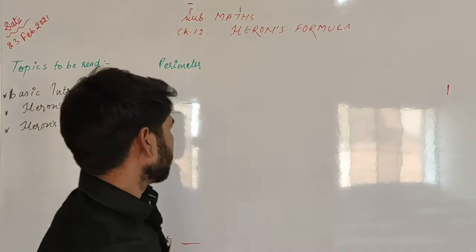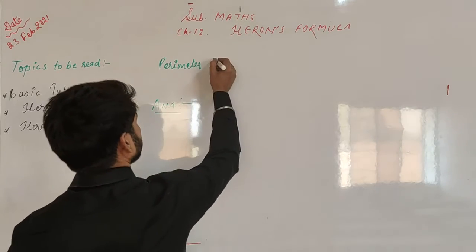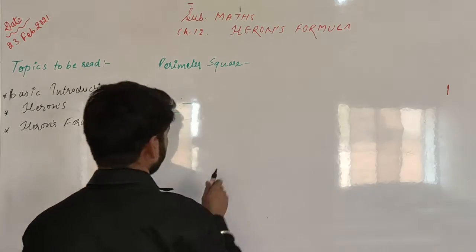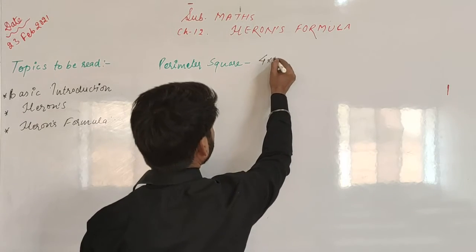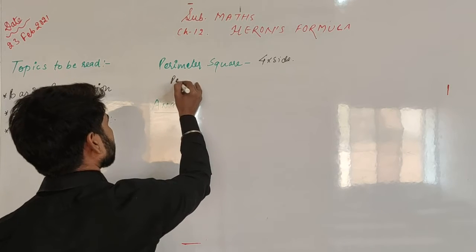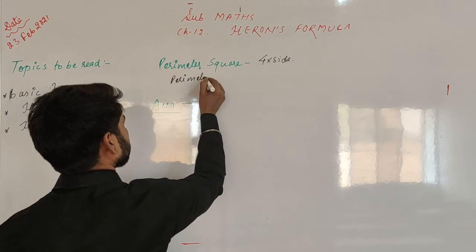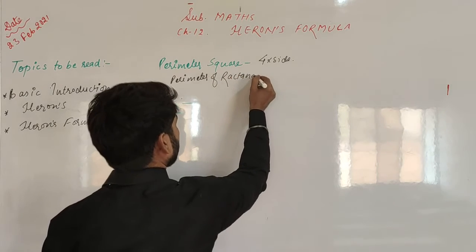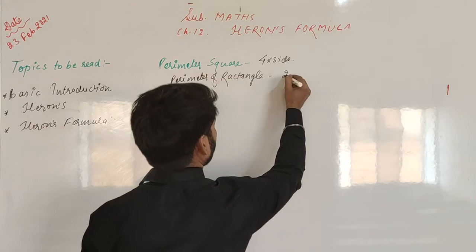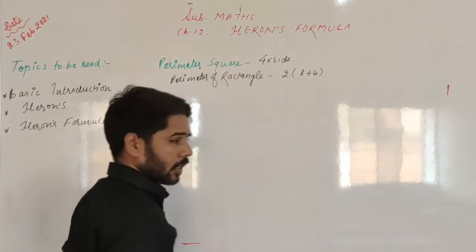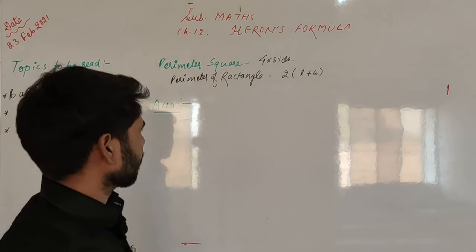If I talk about the perimeter of a square, its perimeter is what? 4 into side. If I talk about the perimeter of a rectangle, it is 2 into L plus B. L is length and B is breadth of the rectangle.